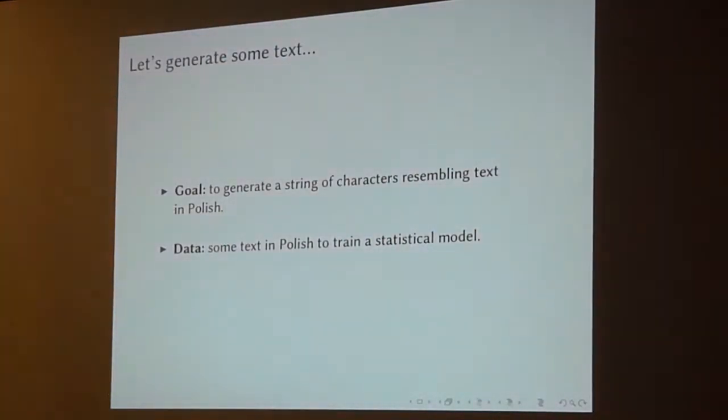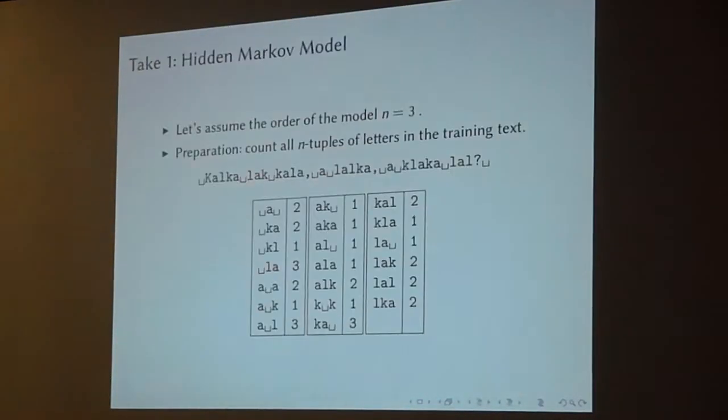What I did: the goal is to generate a string of characters that looks like Polish text, and we want to take some real text, train a statistical model on it, and then generate according to that model. So the first attempt is to use Hidden Markov Models, which are really simple, in fact.